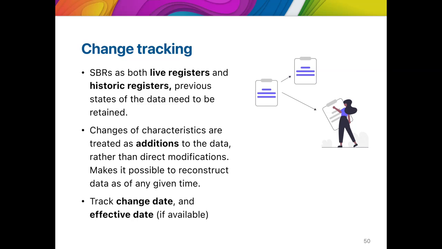You should track the change date and effective date of all of the changes to the characteristics or attributes of a specific SBR unit. Your IT considerations should also include this feature.